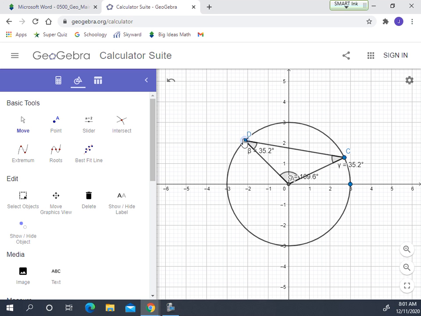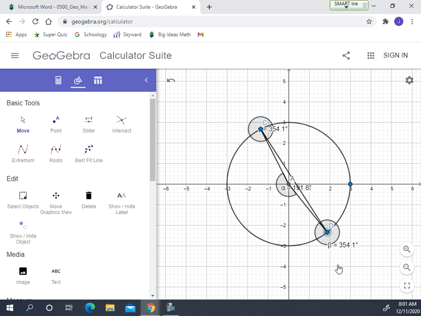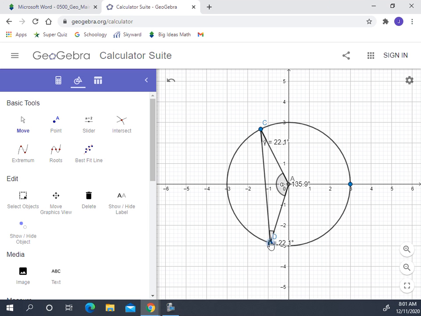Okay, so let's try another one. Notice angle D and angle C kind of always stay the same, don't they? They always stay the same, 68.9, 68.9. No matter how much we move these around the triangle, let's keep it within 360 degrees. 22.1, 22.1.